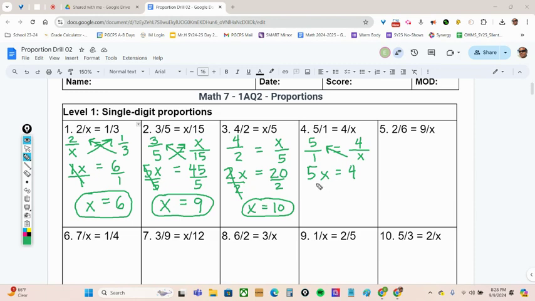Okay. Divide both sides by 5. This cancels, leaving me x equals the fraction 4/5. That's how you do that. You just end up with a fraction.